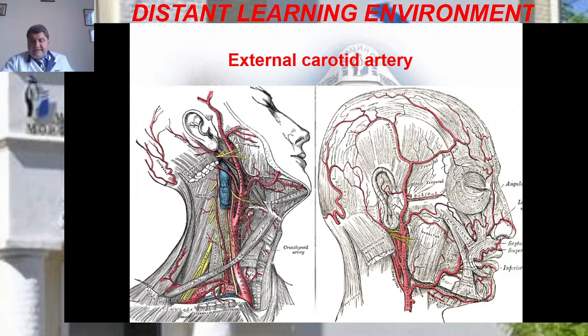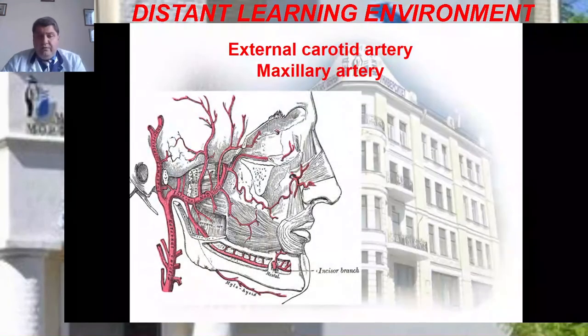And next you may touch the angular artery, at the medial rima of the palpebra and also the dorsolateral part of the nose here. And also you may touch the superficial temporal artery in front of the superior basic part of the auricle here. So you may touch the pulsation of these arteries in yourself, and next in patients when you become a doctor.